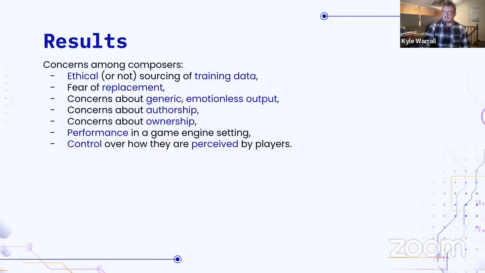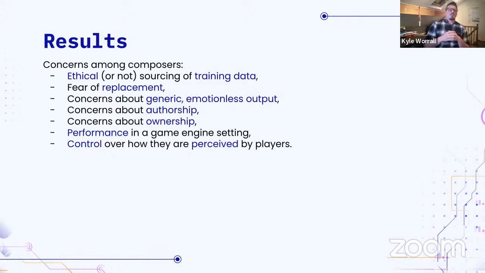Another very interesting result was that the concerns among composers are not just, we are afraid to lose our jobs. They had really deep, multifaceted concerns, like the ethical or not ethical sourcing of training data. There was some fear of replacement. They had concerns about generic emotionless output. There were concerns about authorship.